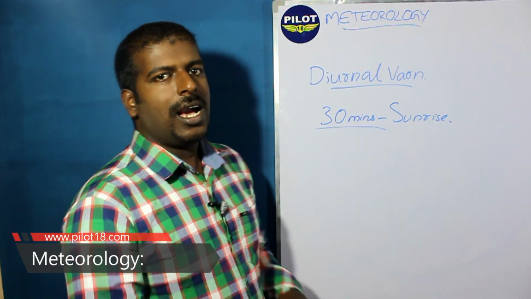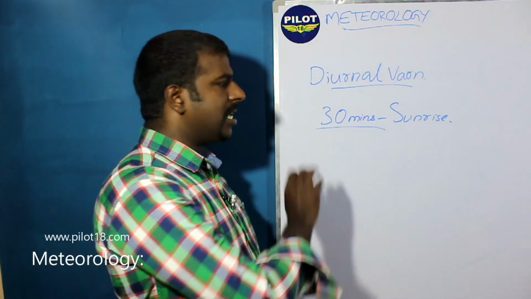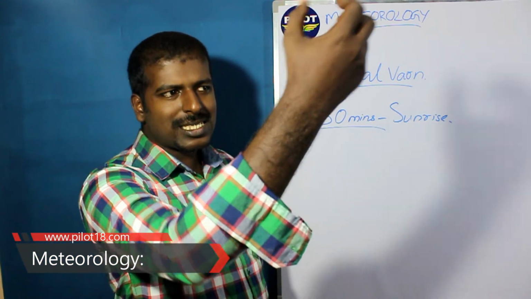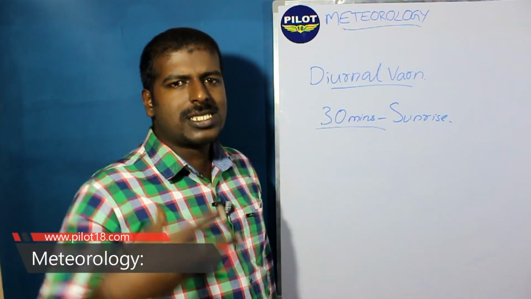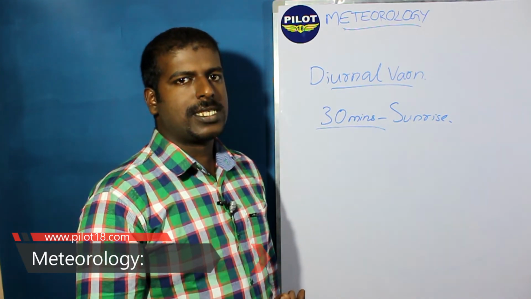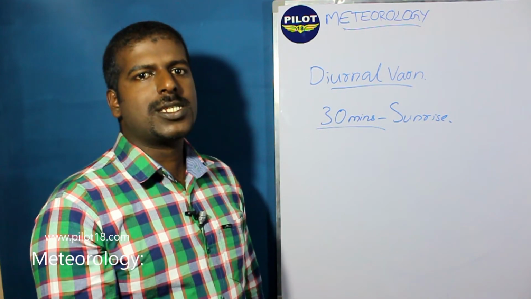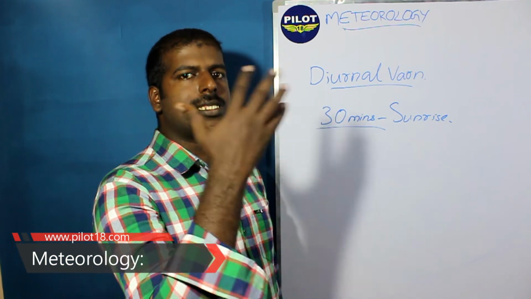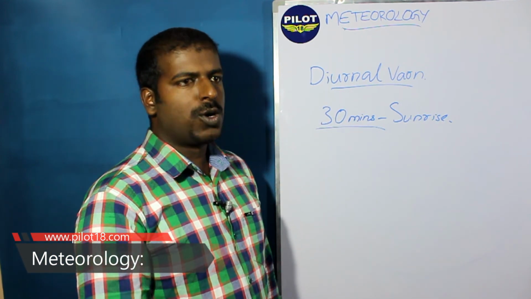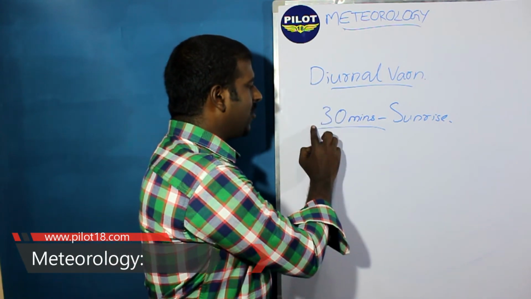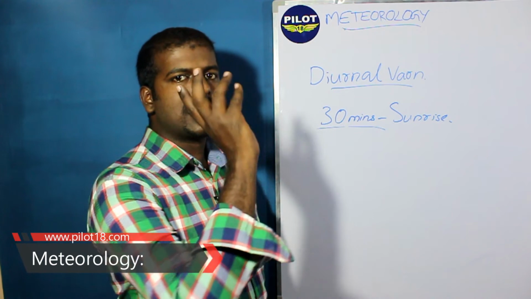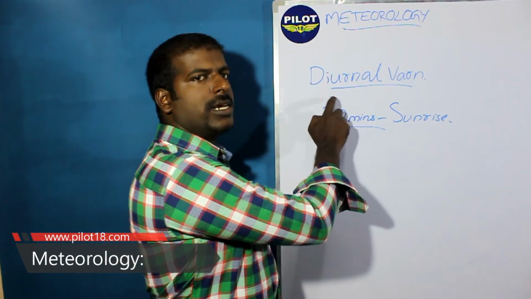Okay, and it won't stop even at sunrise, because the sun is simply coming up and is only starting to heat up the Earth's surface. So during the first 30 minutes of sunrise, Earth is only losing energy. It has not started absorbing. So up to the first 30 minutes of sunrise, Earth is losing energy, and that is the time when the least possible temperature occurs on Earth.